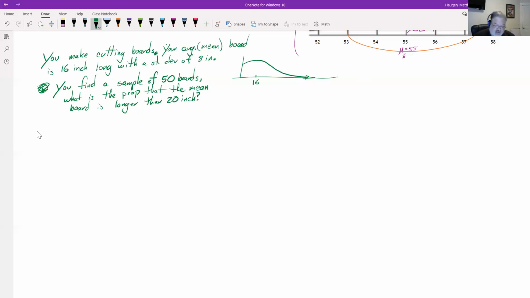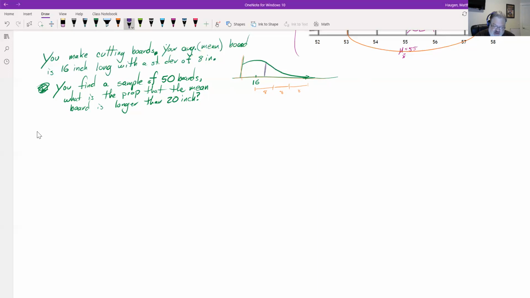So again, I want to think through this. If we look at our example distribution of cutting boards, a board that's 20 inches or longer, well, 20 inches is not even 1 standard deviation above the mean.